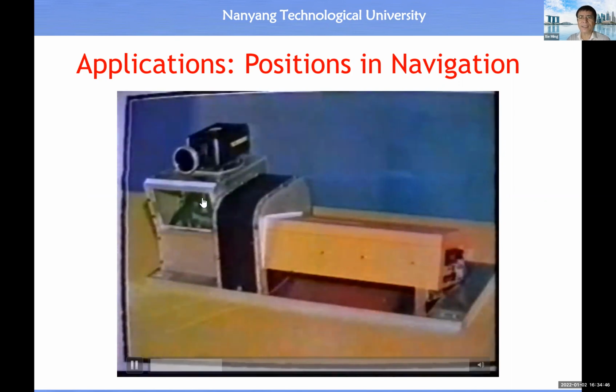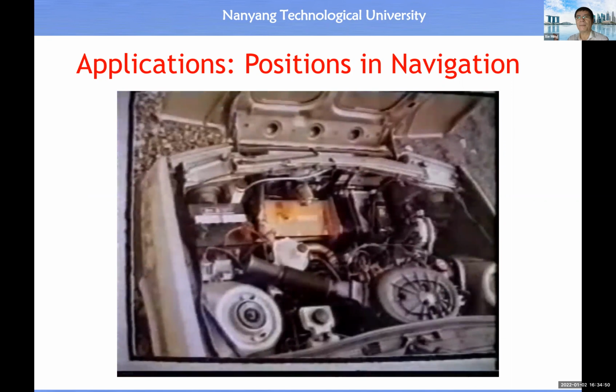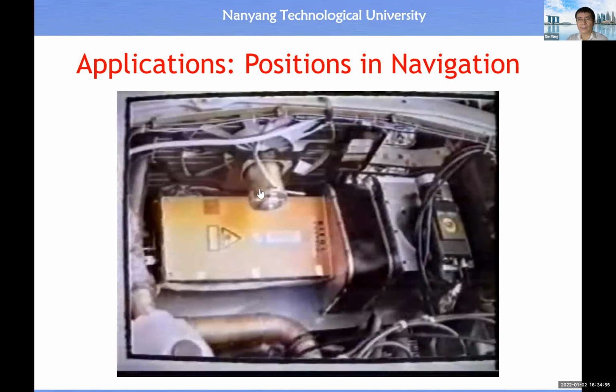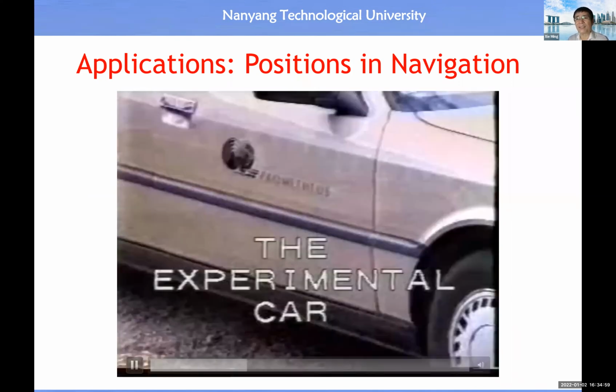The laser rangefinder is a measurement of distance. And the camera is here. We will study the detail about the camera in a separate lecture.